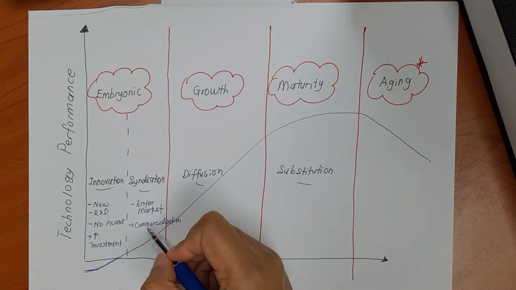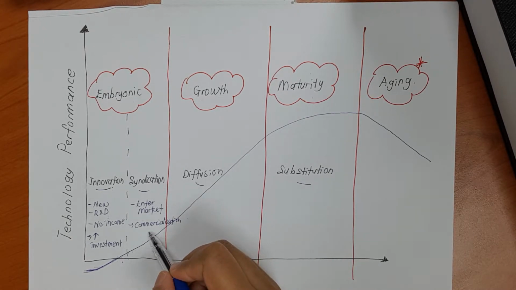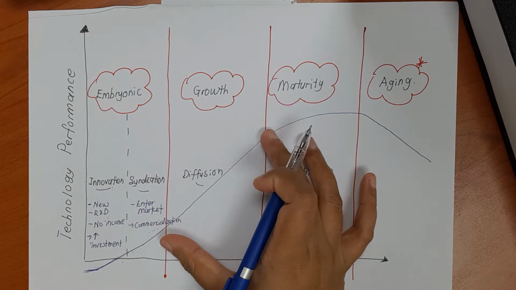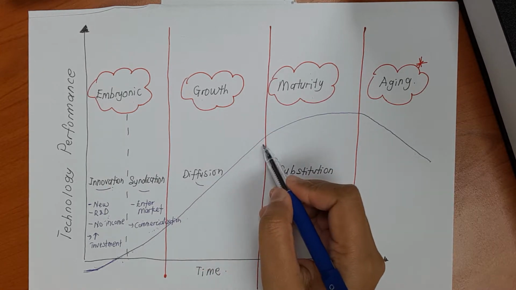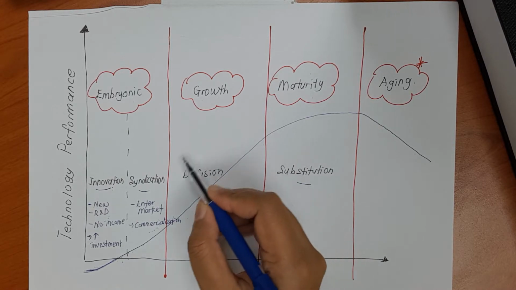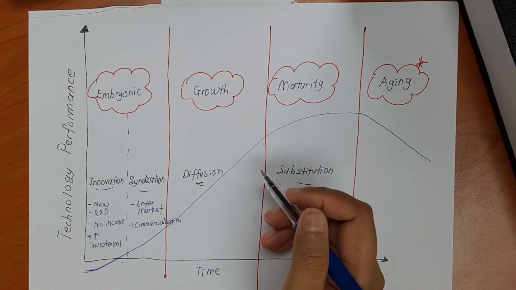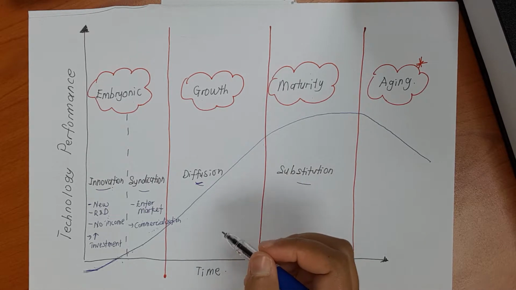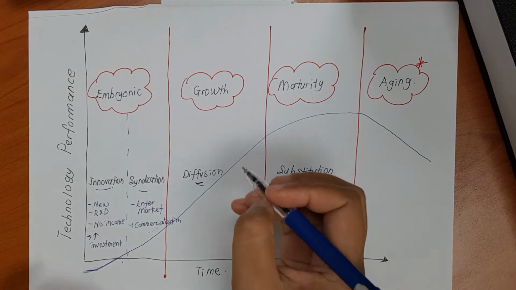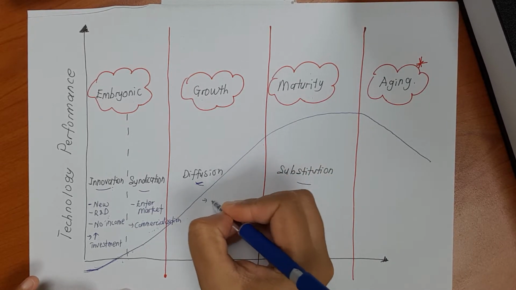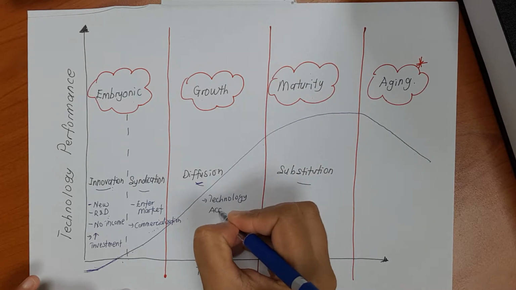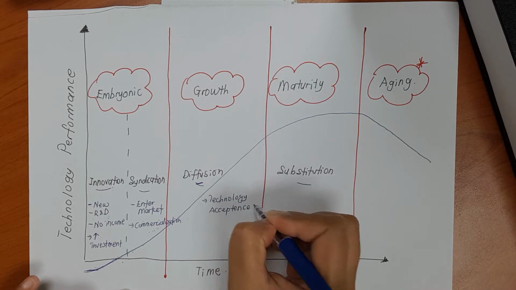After the market knows the product, they recognize that this product has been launched, so the product starts to grow. It grows, and it has been diffused among the users. Users start to accept the technology, the technology acceptance.